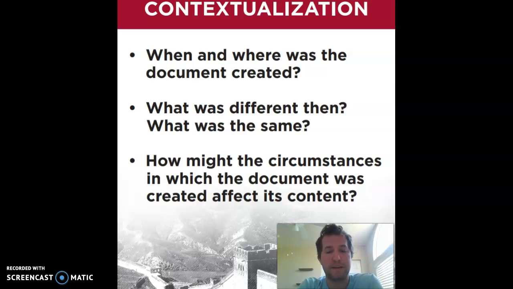And finally, how might the circumstances in which the document was created affect its content? So contextualization is basically just asking, how did events going on in the world influence the document I am reading?